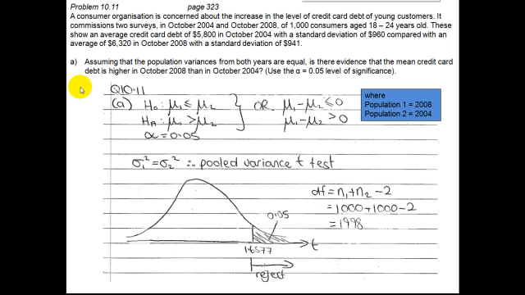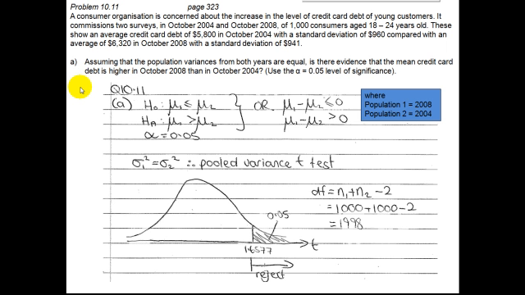So if we're trying to see whether the mean credit card debt is higher in October 2008 than October 2004, the fact that we're talking about higher suggests that direction is important. So it's going to be a one-tailed test. We're testing means. We're looking to see if the mean credit card debt is higher for 2008 than 2004. So if population 1 is 2008, we're looking in the alternative to see whether mu1 is greater than mu2, mu2 representing the mean from October 2004.